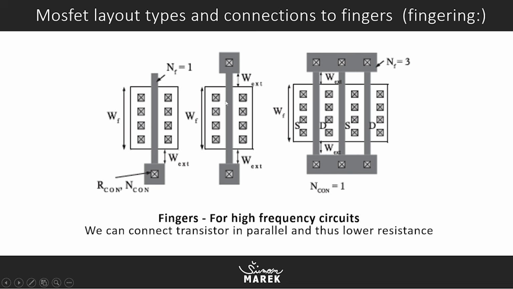What we can do is split these transistors and multiply them and add multiple gates, and this is called fingering. You can really lower the resistance, but you will slightly increase capacitance, I think.